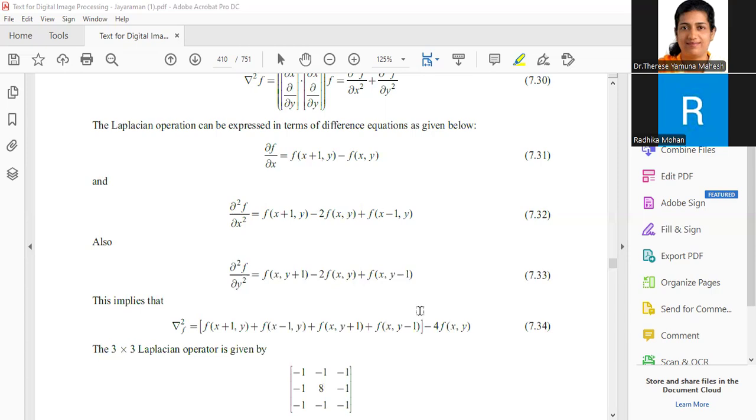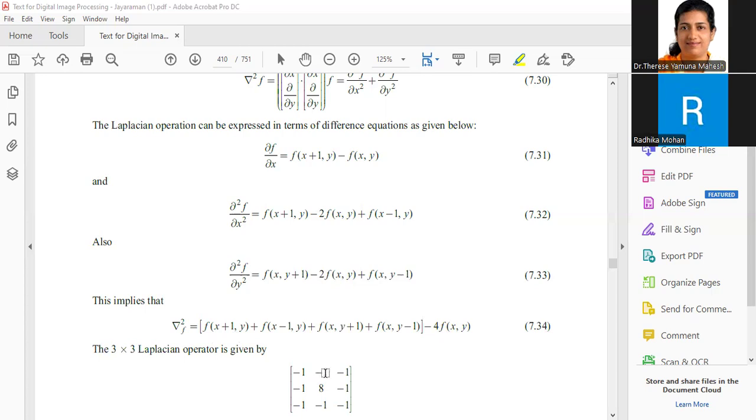Now we have seen only the 4 neighbors here. If you travel in the diagonal direction, we get the diagonal neighbors also. Now we have only x plus 1 comma y, which will be this point. X minus 1 comma y will be this pixel.